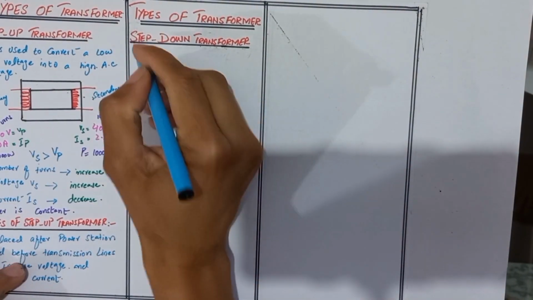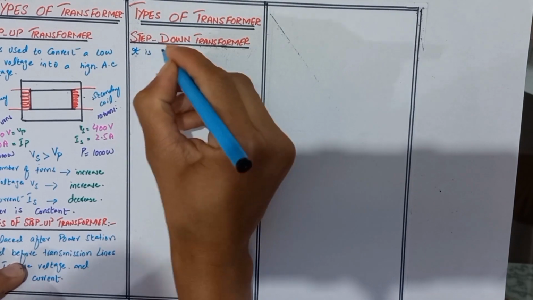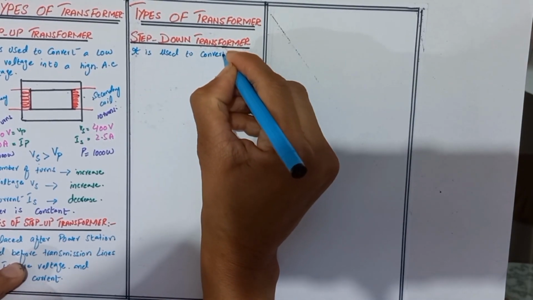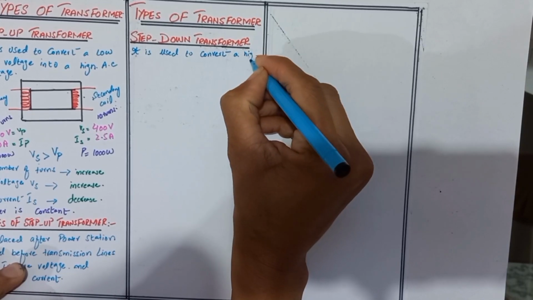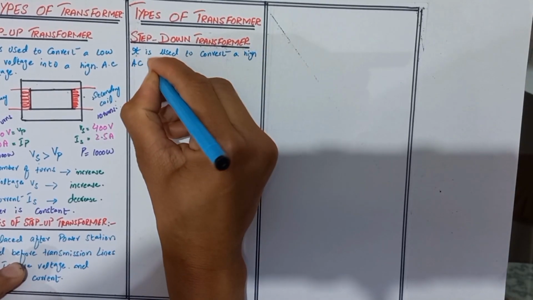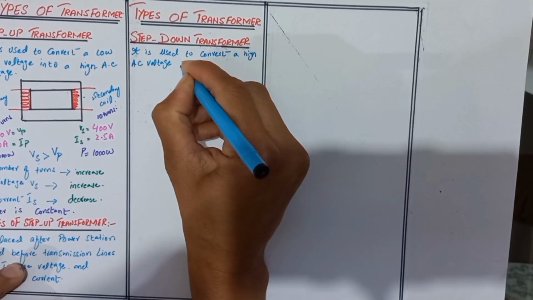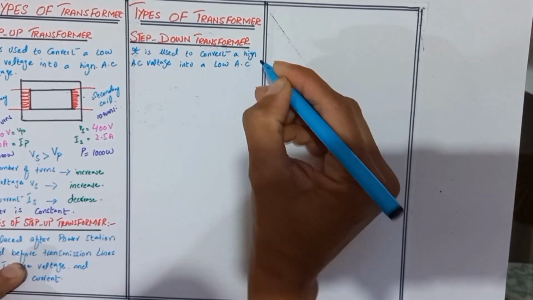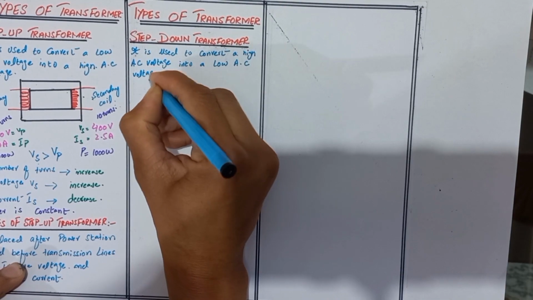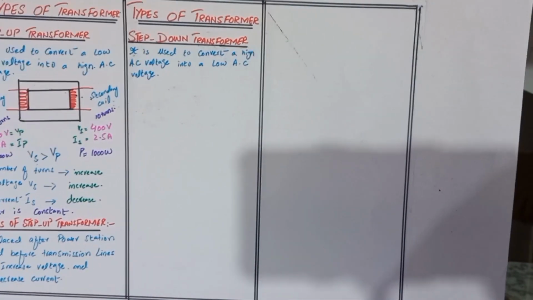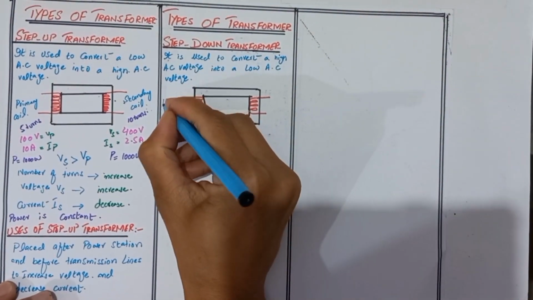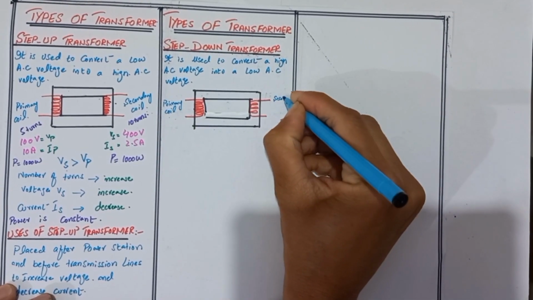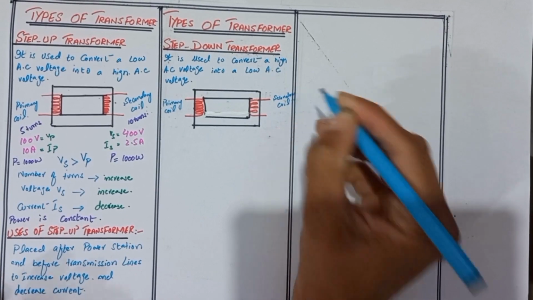A step-down transformer is used to convert a high alternating voltage into a low alternating voltage. In a step-down transformer, this is the primary coil and this is the secondary coil.